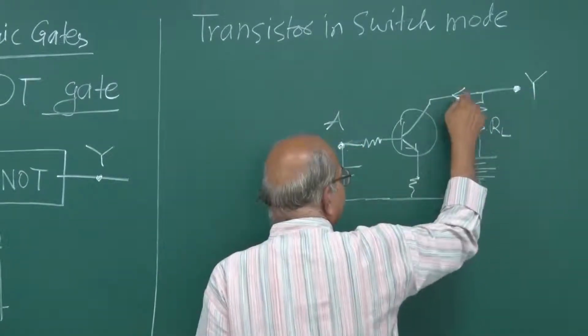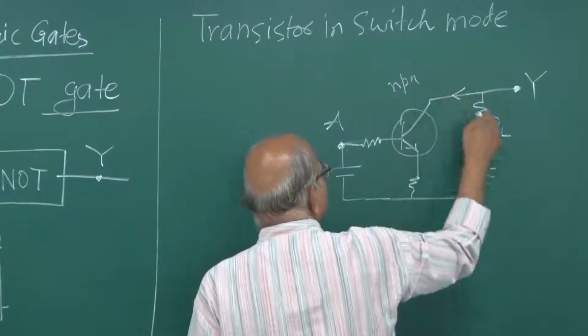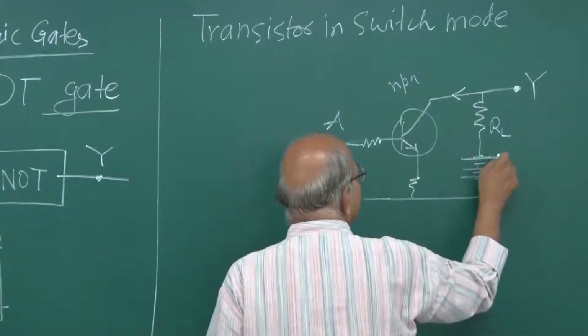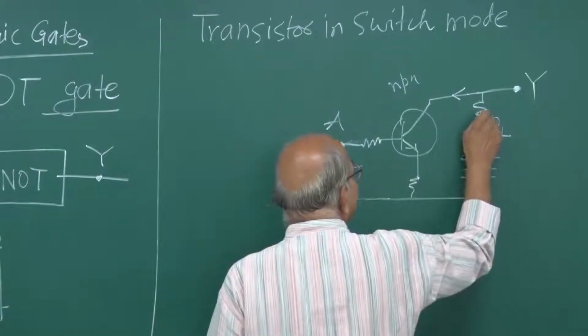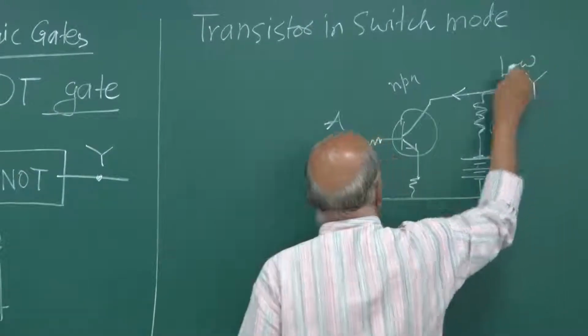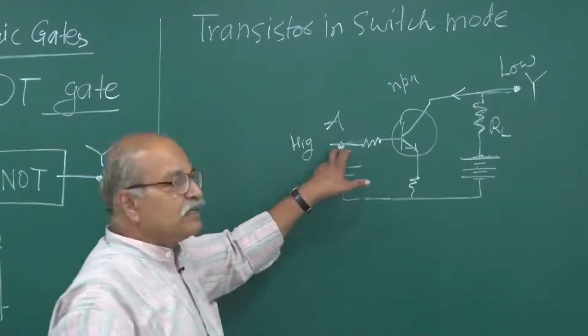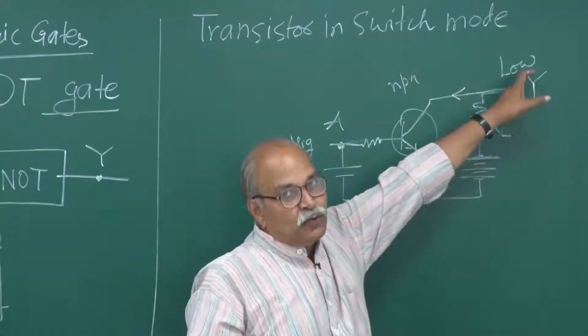In the collector, current goes like this. This is NPN, remember. So this is high voltage, but then you have a drop here, and this becomes low voltage. So if A is high, Y is low.